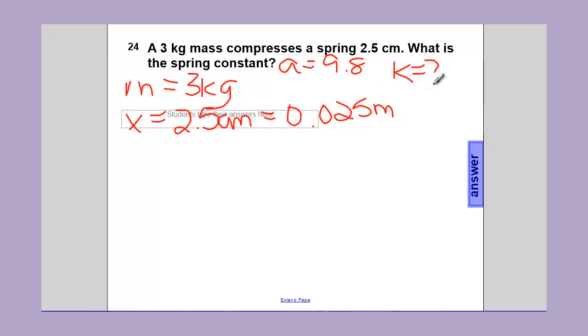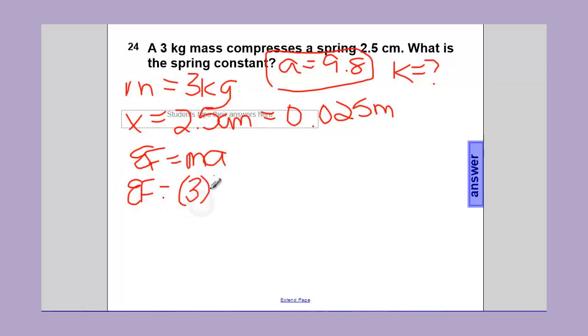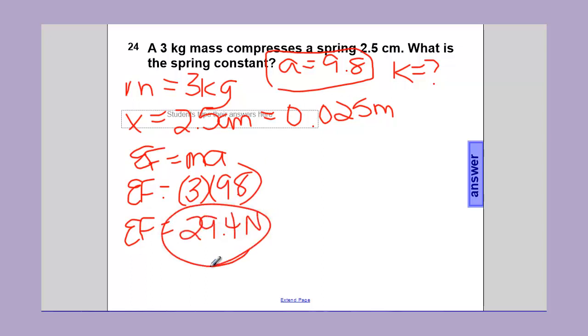The issue is we are not given our EPE. But we're given mass, and they also give us our A. So if we remember sigma F equals MA, we can get our force. So force equals 3 times 9.8, which is going to give us 29.4. And if you recall from Hooke's law, it said that force equals Kx.